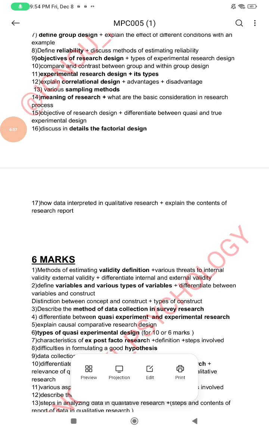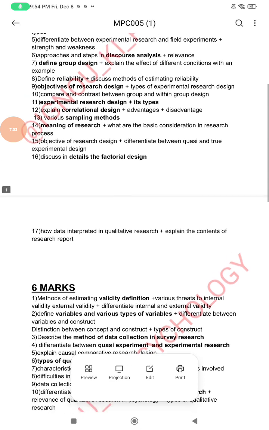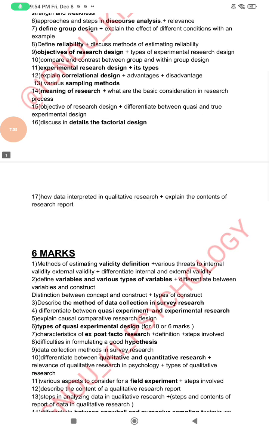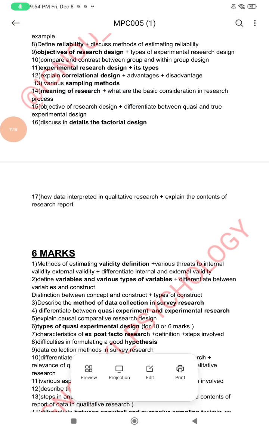Please prepare well. Question number 12, explain correlation design, advantages and disadvantages. Correlation design is about how two factors interact with each other. Question number 13, various sampling methods. Sampling is what? Basically it is all about collection of data.